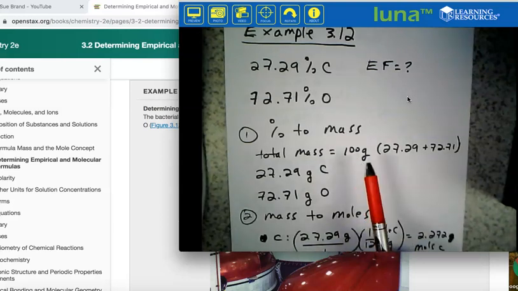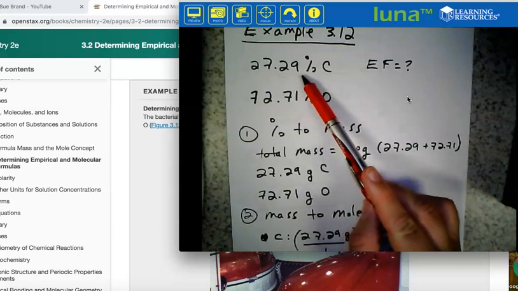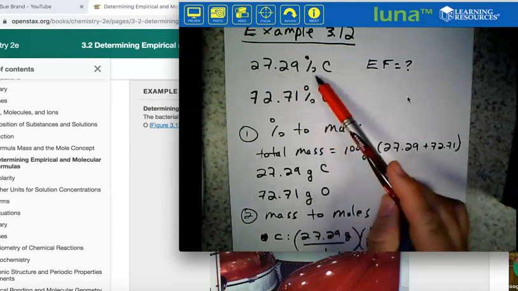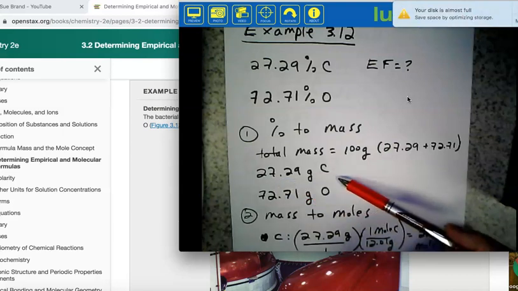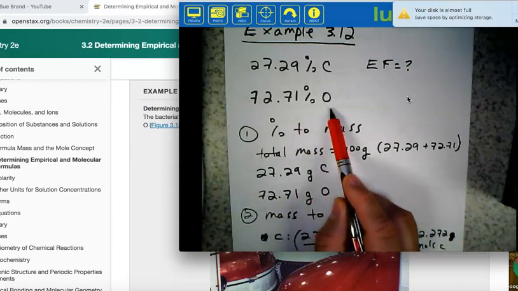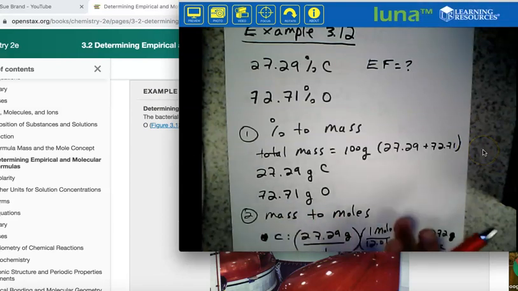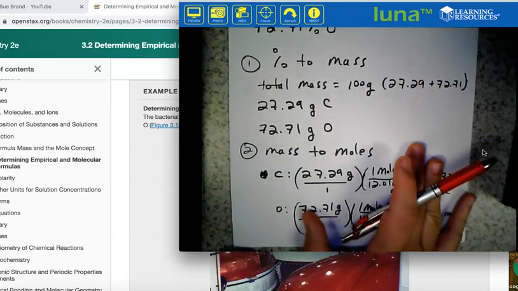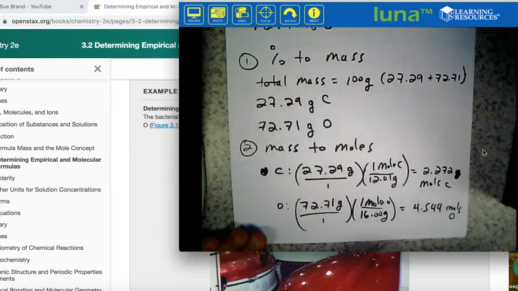I said that we assume it's a 100-gram sample, which makes our life a whole lot easier, because if you have 27.29% carbon in a 100-gram sample, you just have 27.29 grams of carbon. If you have 72.71% oxygen, you just have 72.71 grams of oxygen. Notice how that simplifies our math a lot. So our first step going from percent to mass is pretty simple.